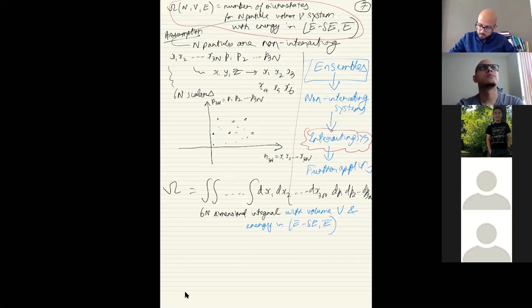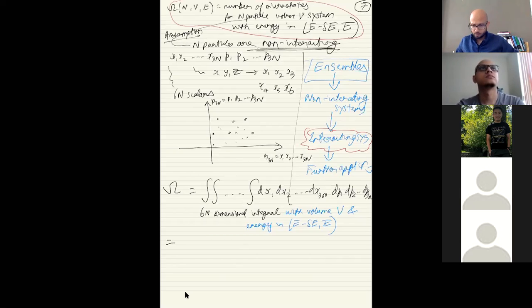In order to do this, let's separate out. And this is why calculating this microcanonical partition function is really hard. It's a complicated integral. But now remember, we have assumed non-interacting particles. So we can make our life easier. How do we make our life easier?